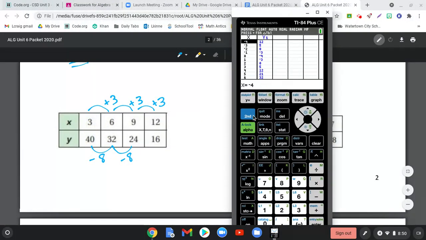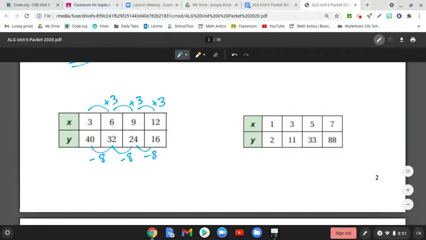So if you're not sure, again, to get out of the table, just hit second mode. It'll quit you out. So if you're not sure what the difference is, 24 minus 16, it'll tell you 8. So I went down 8. Since they're all equal, this is linear. It would form a straight line.